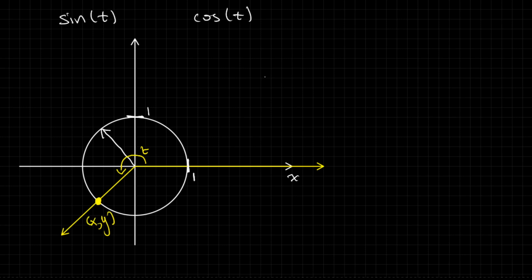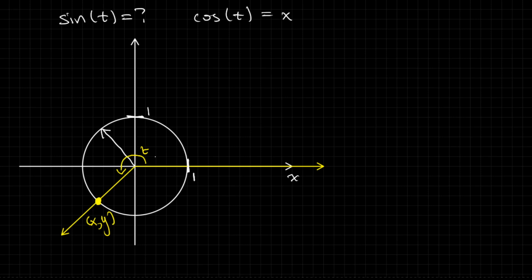Now, what about the range? That is, what are the possible outputs of sine of t and cosine of t? Let's start with cosine of t. Now remember, cosine of t in my drawing here is x, and let's think about what the largest and smallest possible values for x could be.